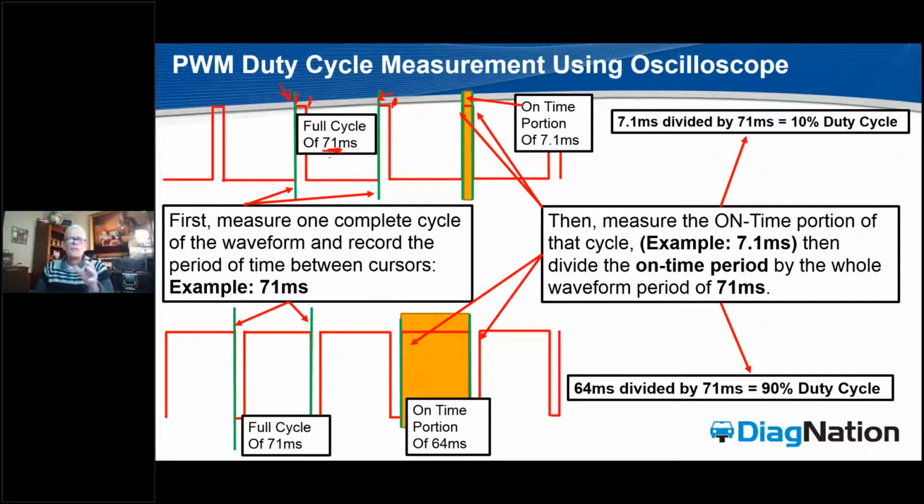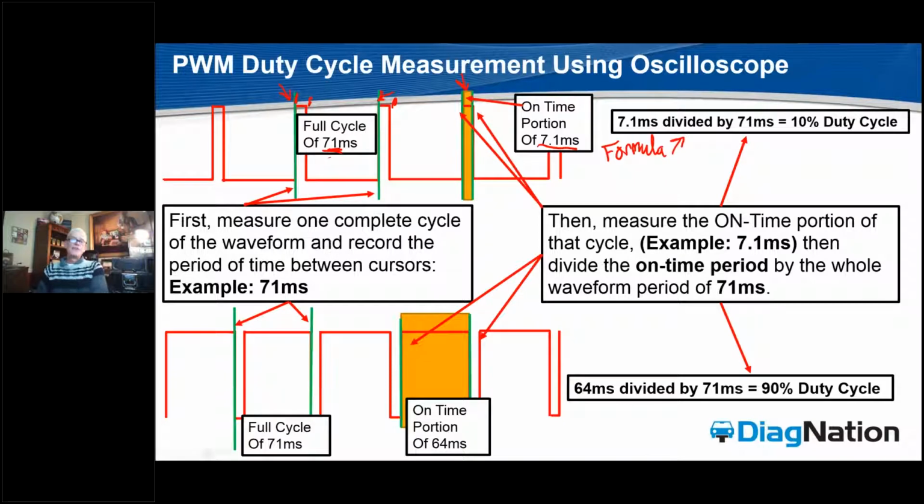But when we want to do a physical measurement on it on a scope, we're going to take our full cycle, and then we're going to measure the parts of the whole. So the way I like to describe it in scope classes is we're going to measure the whole, and then we're going to measure the parts of the whole, and then we're going to do some math. So in this case, we want to measure the on cycle, right, which is going to be 7.1 milliseconds, okay, and then we're going to do the formula.